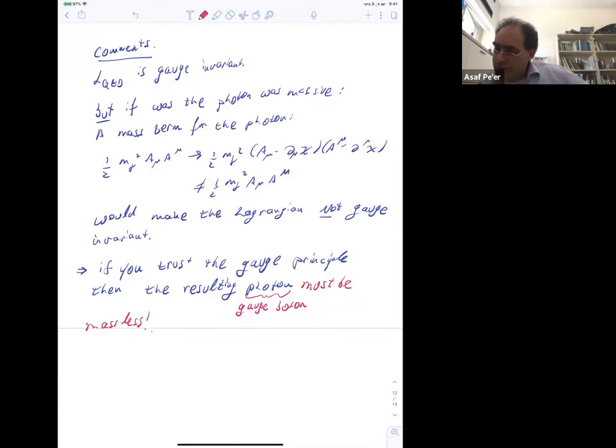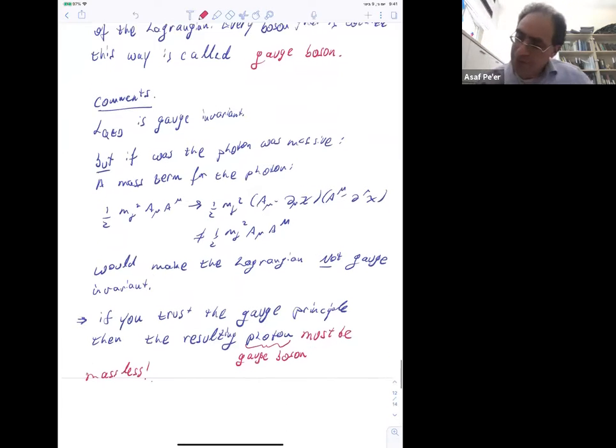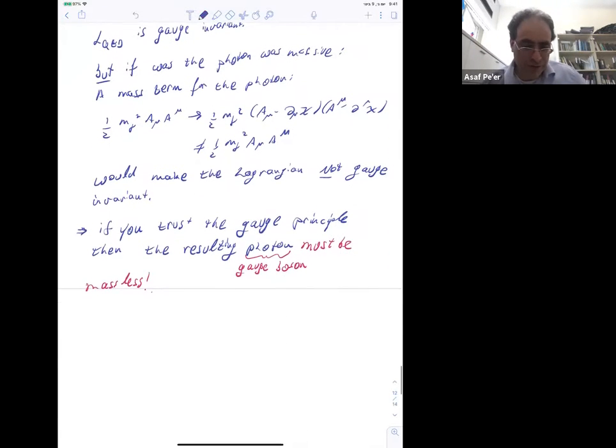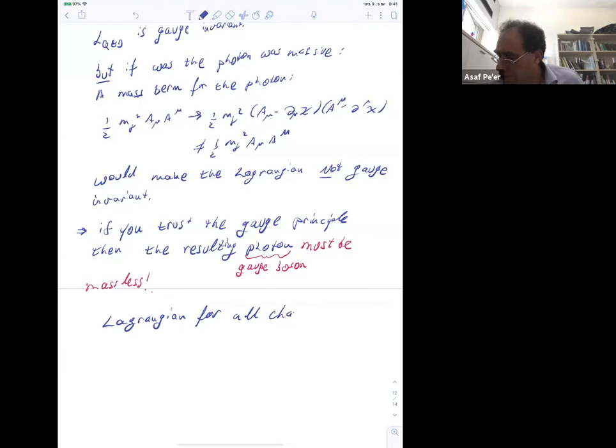Now this is true for the electron. So the QED can work out for any electromagnetically charged particles, or any charged fermions. But if we want to put the QED to all charged fermions, then it's pretty simple. We simply have to sum up over all the fermions. So if we write the Lagrangian for all charged fermions, that's quite straightforward.